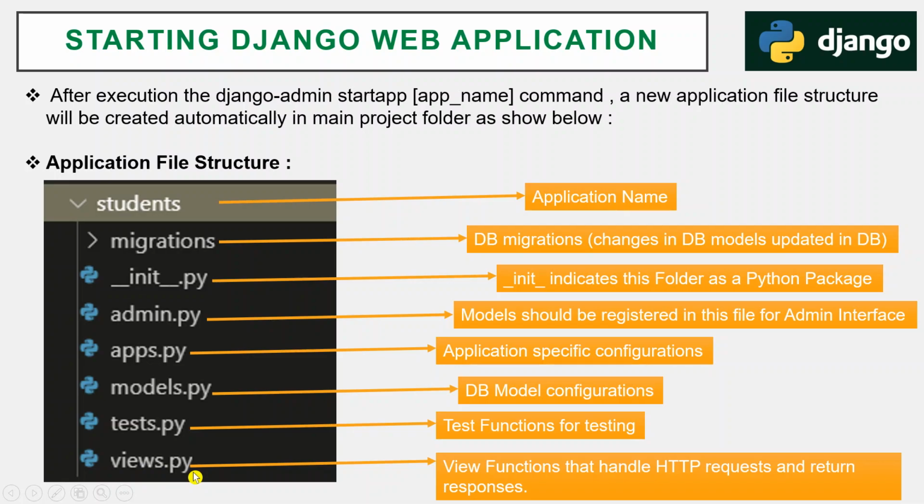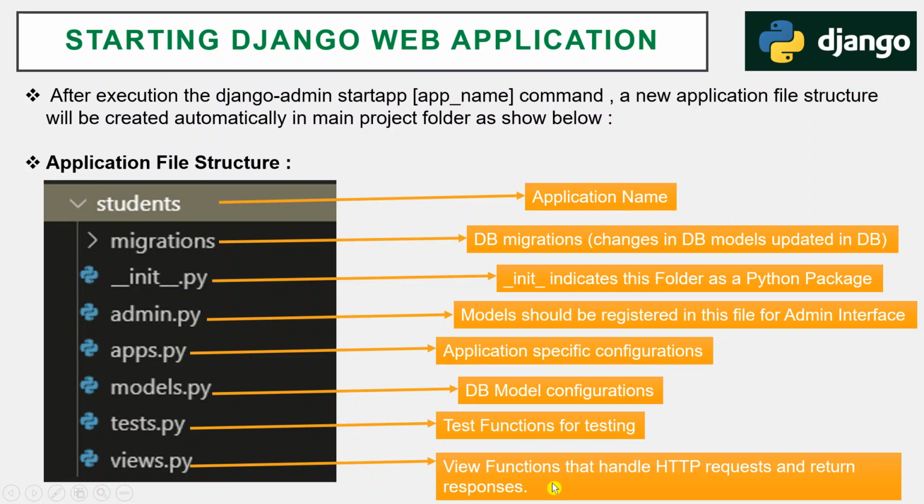If it is there in urls.py, Django will direct that request to the corresponding view function. The view function receives the request and processes its business logic, and at the end the function has a return statement. It returns the response, which goes back to the browser and is displayed on the screen.